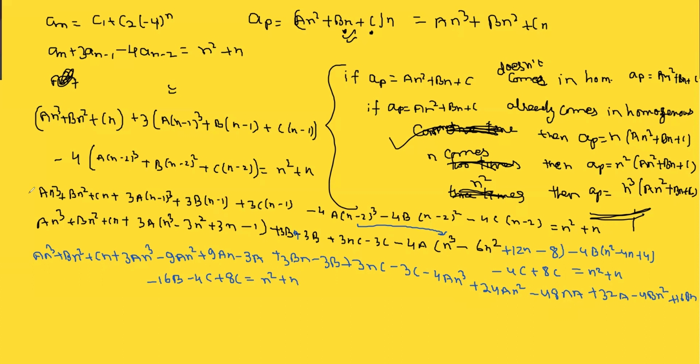Okay, so an cube, 3n square, n square cancel, right. bn square.